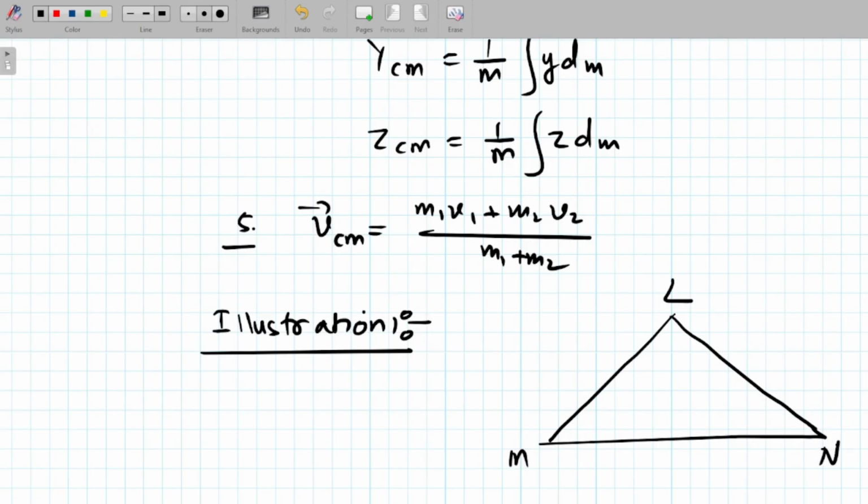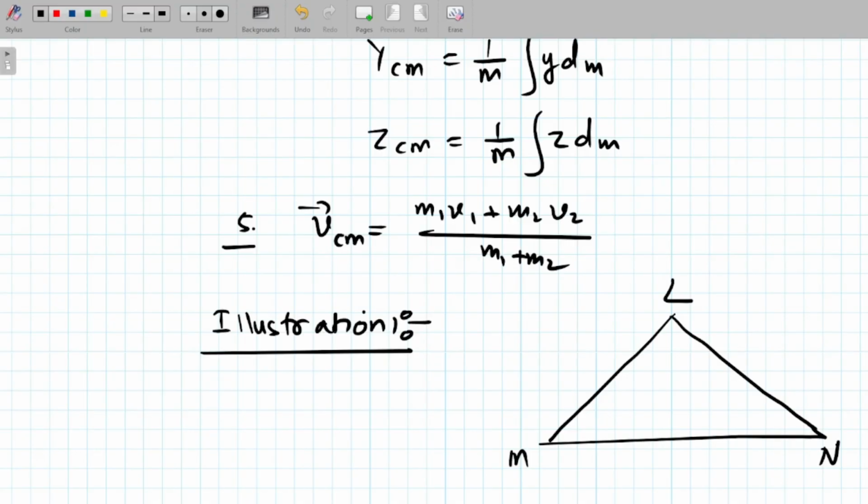LMN, you are given a triangular lamina. It's just a sheet, a triangular sheet with vertices L, M, N.